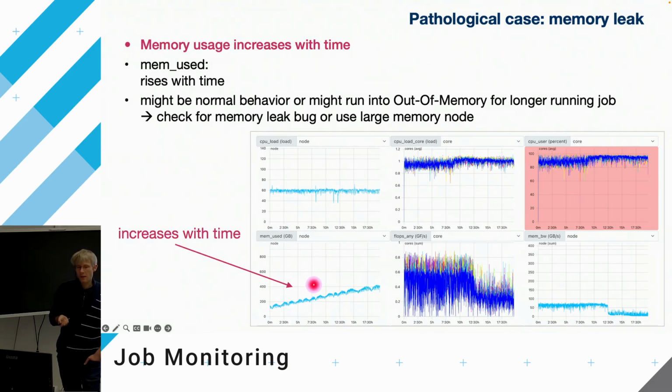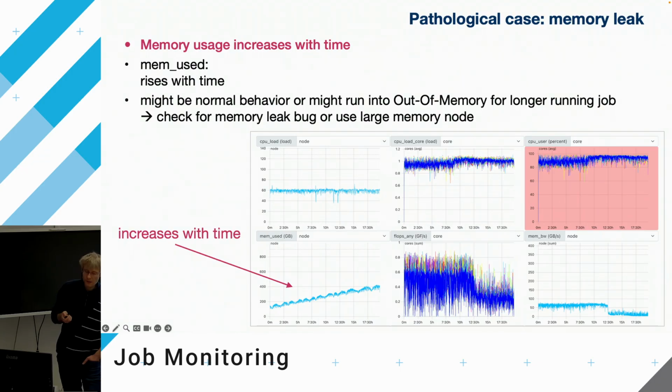And this can, in the end, lead to an out of memory error if your job is using more memory than it reserved on the system. And you can spot this by a steady increase of used memory over time.